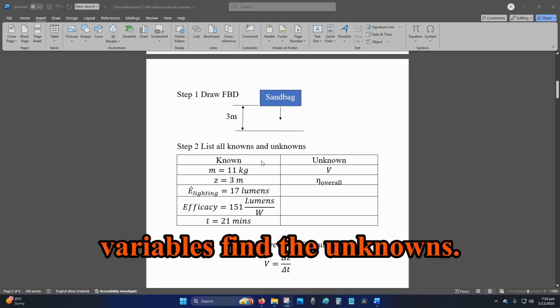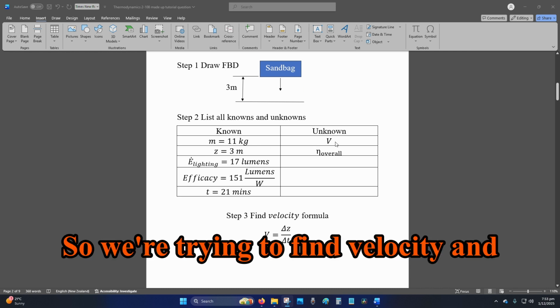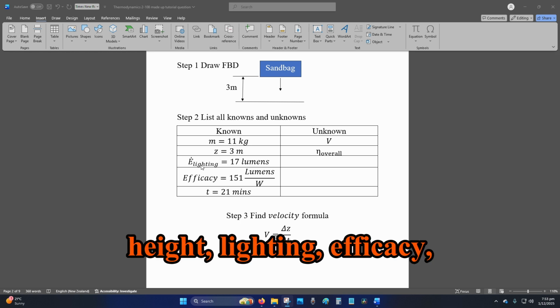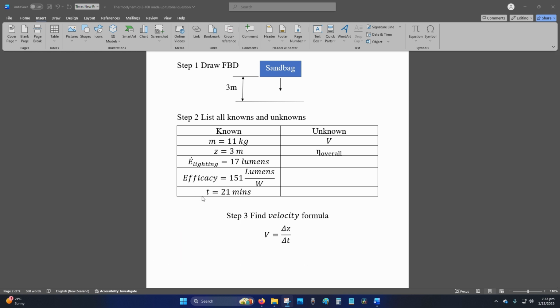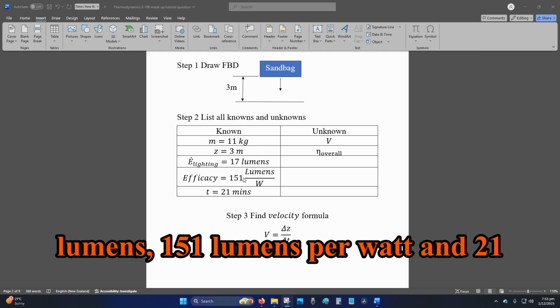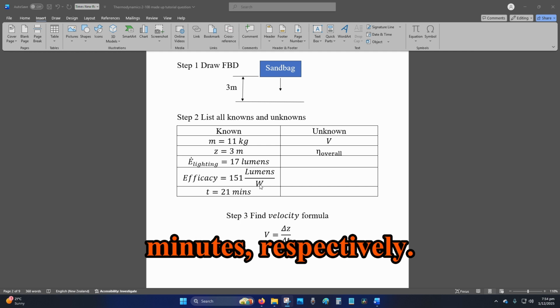Step 2, list all the given variables and find the unknowns. So we're trying to find velocity and overall efficiency. We're given mass, height, lighting, efficacy, and time: 11 kilograms, 3 meters, 17 lumens, 151 lumens per watt, and 21 minutes, respectively.